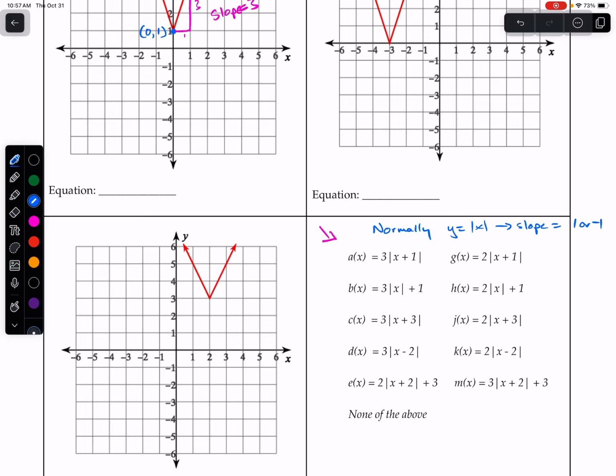So when we do this here, these all have slope of 2.